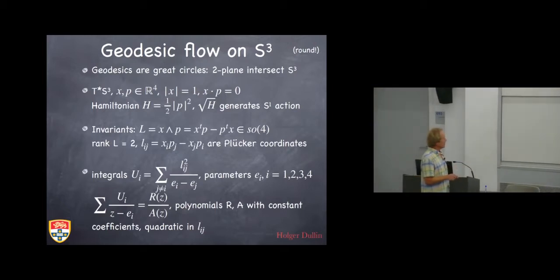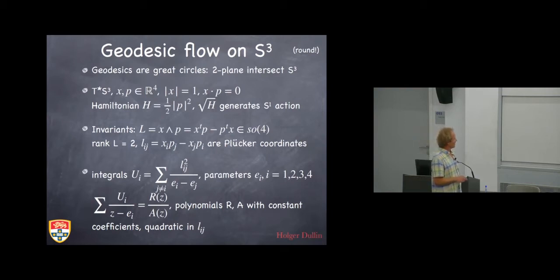Okay. So now I'm looking for invariants under this action. And the invariants you can write down are just given by X wedge P. Or if you want to write this as an antisymmetric matrix, you write X transpose P minus P transpose X. So this is a matrix in SO4. And the claim is that all entries of this matrix are invariant under this flow. And that's quite easy to check, that's an exercise.